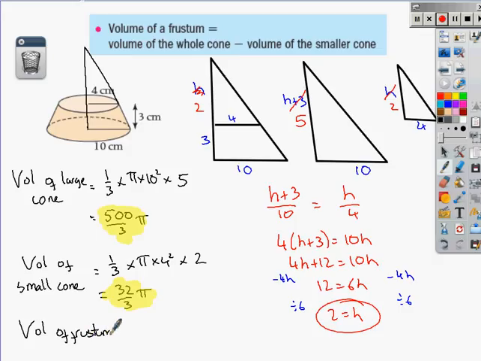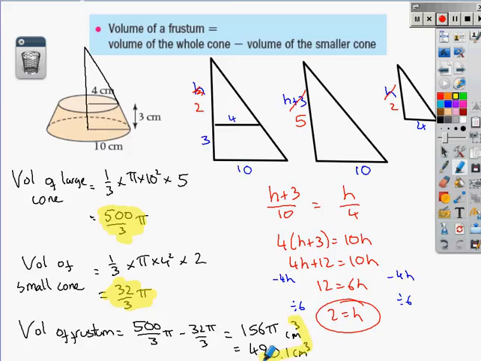That's equal to the volume of the large cone, 500 over 3 pi, minus the volume of the small cone, 32 over 3 pi, and we get exactly, in a calculator, 156 pi, which if you want to evaluate it, is equal to 490.1, and they are both centimeters cubed, because we are talking about volume. So that is your final answer.